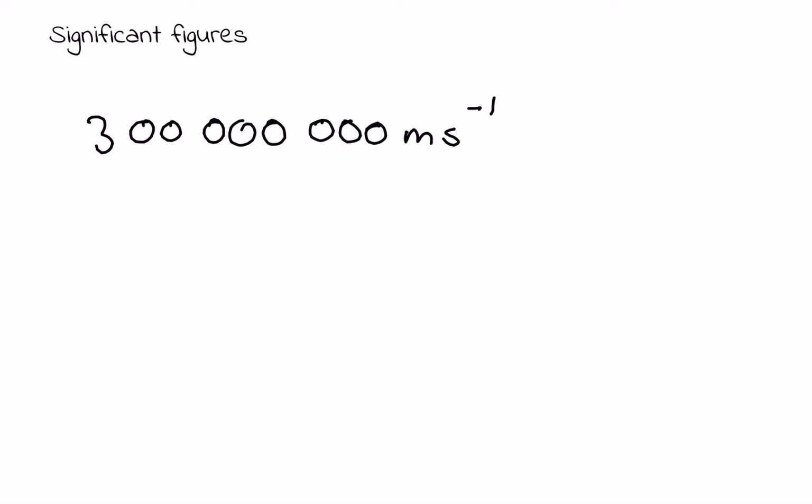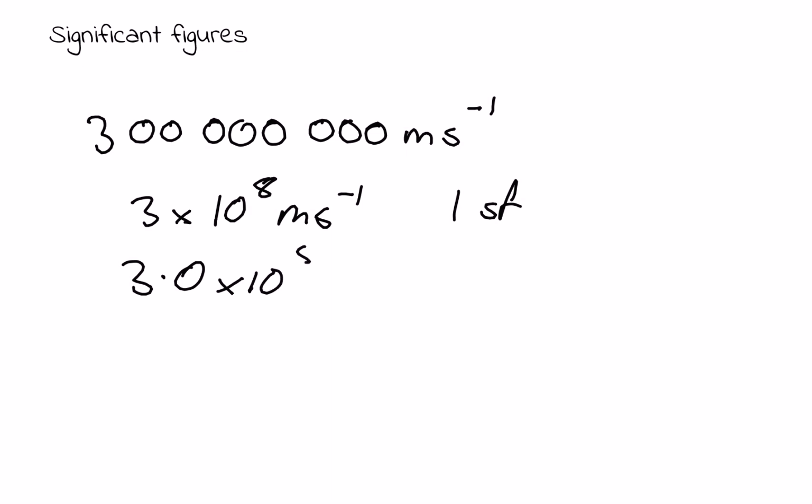So, if I was to write it as one significant figure, I'd write it as 3 times 10 to the 8 meters per second, and that's one significant figure. If I was to write it to 2, I would write it as 3.0 times 10 to the 8 meters per second, and that's two significant figures.